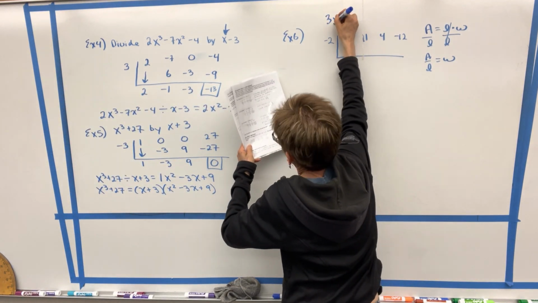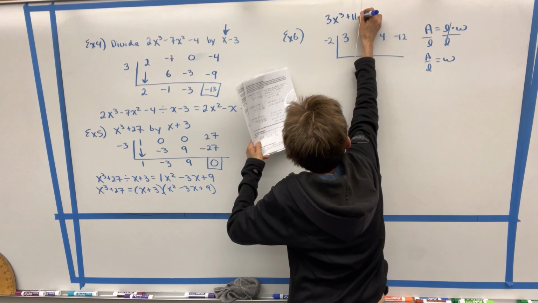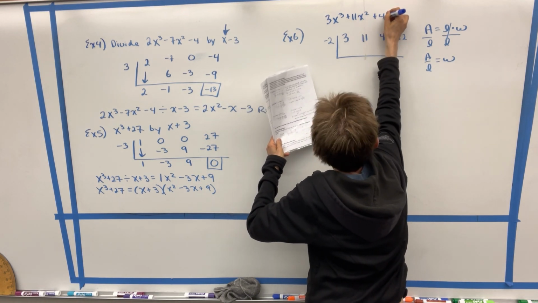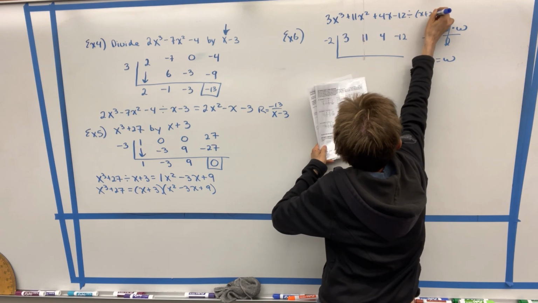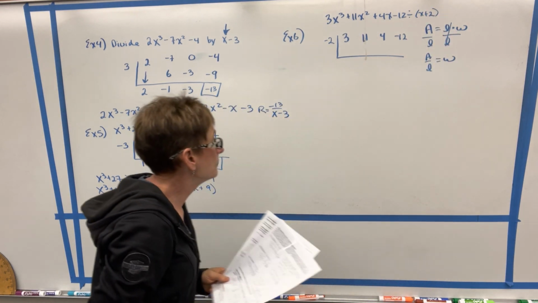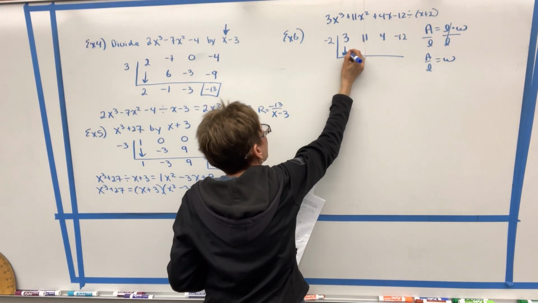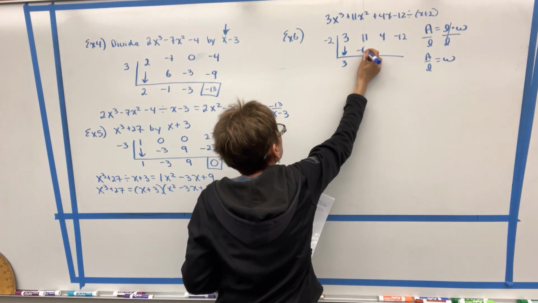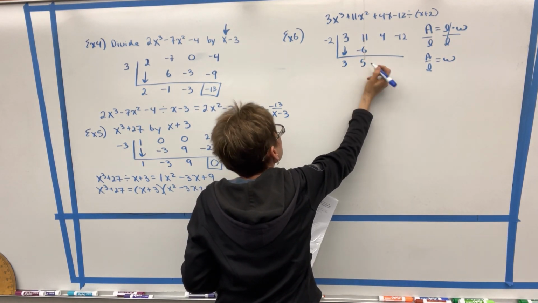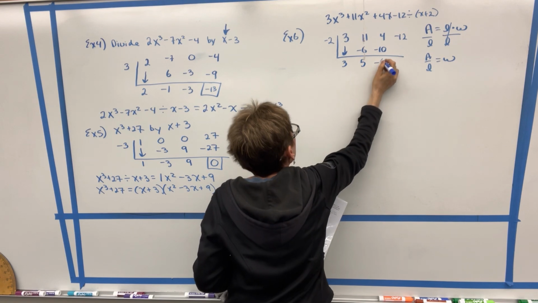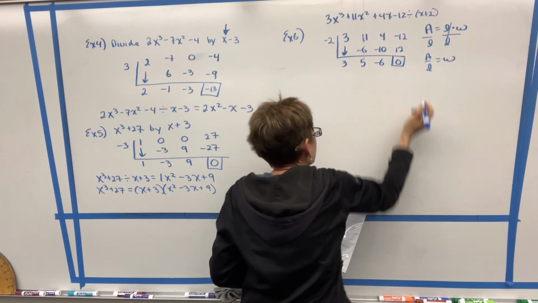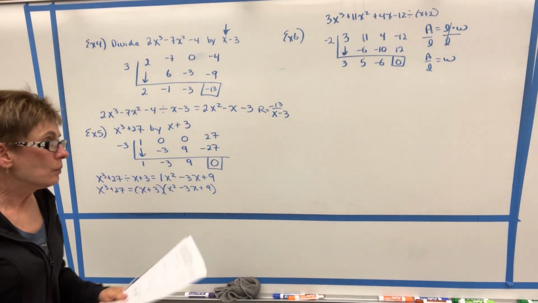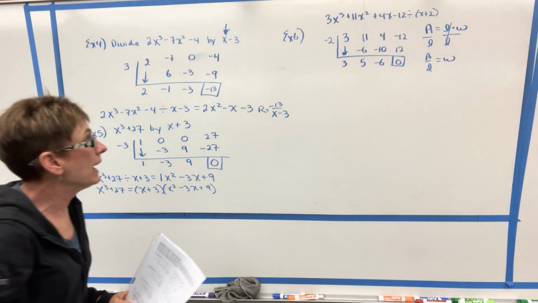So I have 3x cubed plus 11x squared plus 4x minus 12 divided by x plus 2. All right, I bring down the 3. 3 times negative 2 is negative 6, plus 11 is 5, negative 10, negative 6, positive 12. Notice there is a 0 there. When we have a 0, we can factor.